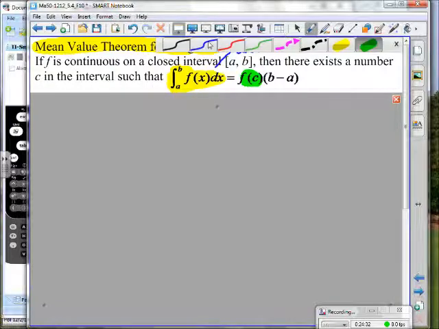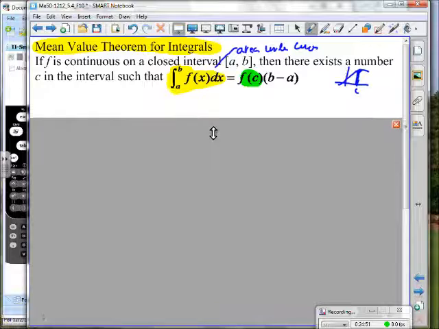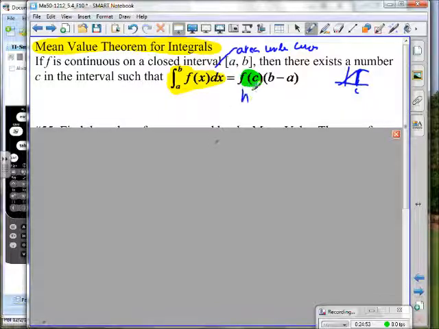Okay, let me see if I can help you out here. If I've got a curve over here and I've got this as c, and I go up here and draw a line, if I'm going to build a rectangle based on that, that would be my what of the rectangle? The height, okay? So this is my height. What would b minus a be?